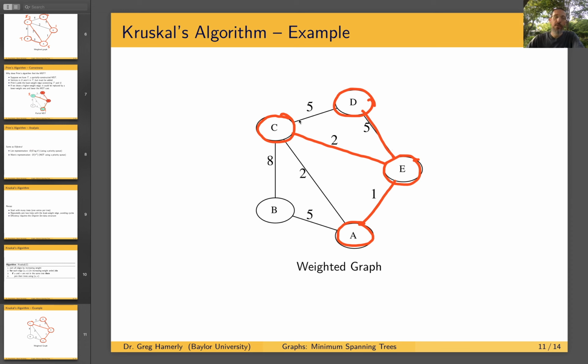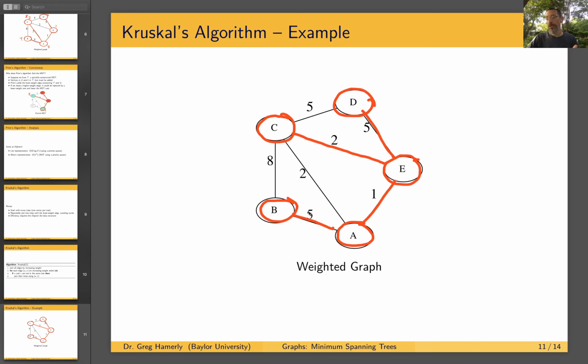And let's suppose that we consider this edge next with a cost of 5 again. Well, we wouldn't add that edge. Why? Because that would create a cycle, because C and D are already in the same tree. The next least cost edge, cost 5, is AB, and clearly B and A are not part of the same tree. So we add that edge.